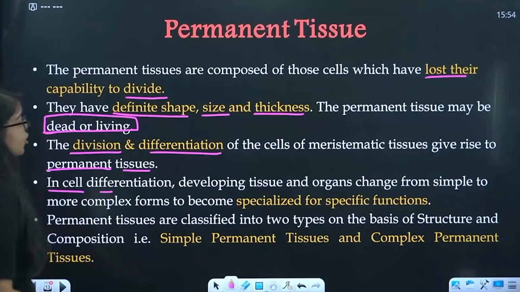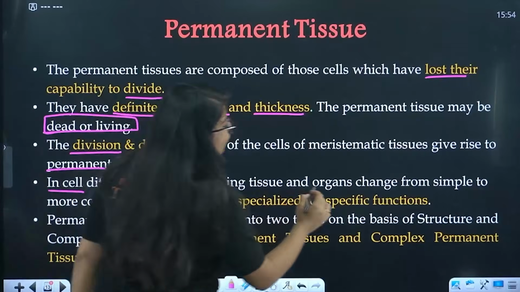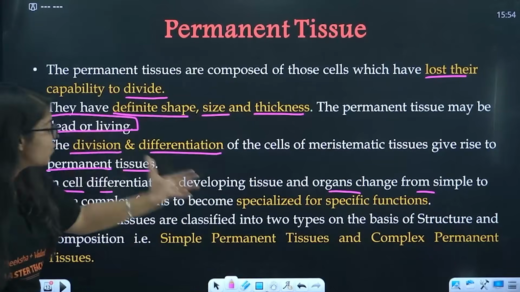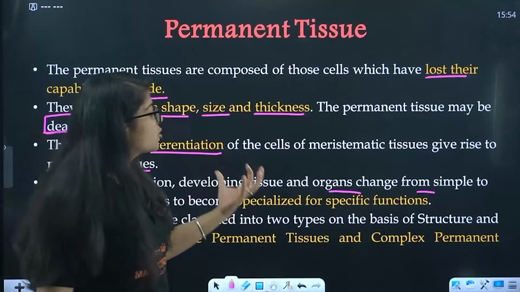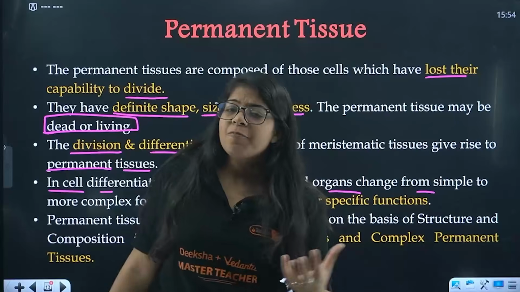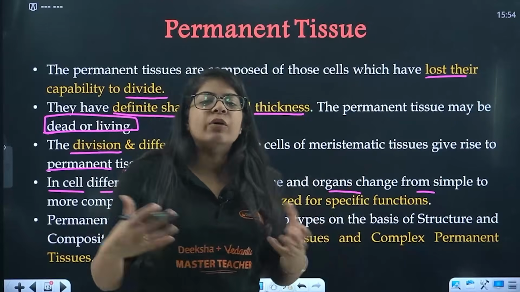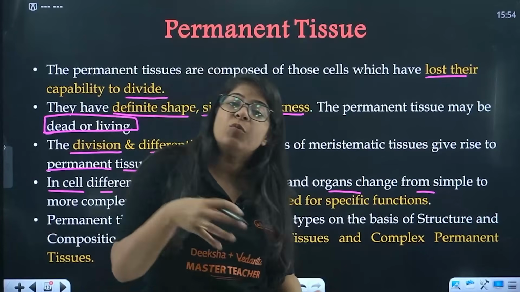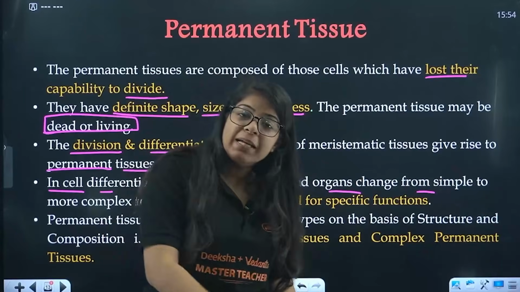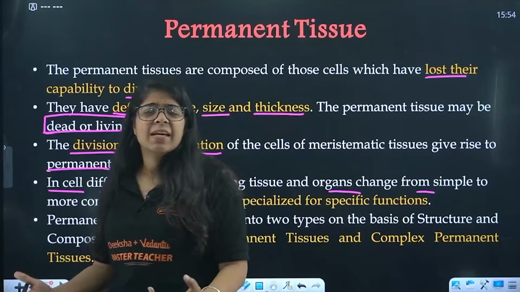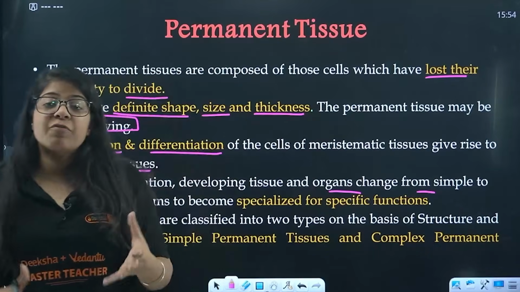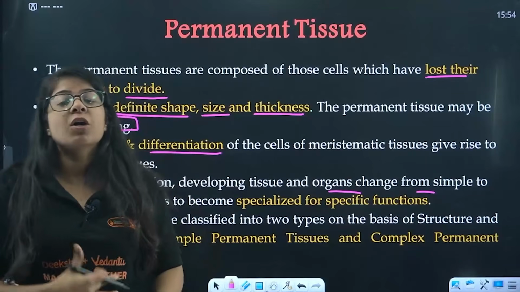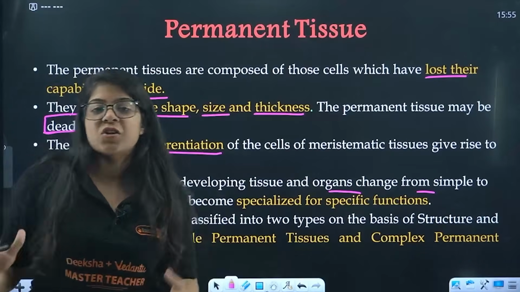In cell differentiation, developing tissues and organs change from simple to more complex forms to become specialized for specific functions. Obviously, if you start doing a task, slowly you will start doing that task in a more complex, deeper way. Similar is the case here. These tissues first perform very simple functions. After some time, when they become permanent, they start taking on some complex functions as well.